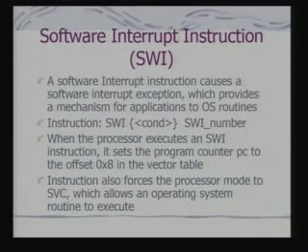The software interrupt enables the switching of mode as well. In the case of ARM, it sets the program counter PC to the offset 08 in the vector table. I am not going into the details; this can be a different address as well.